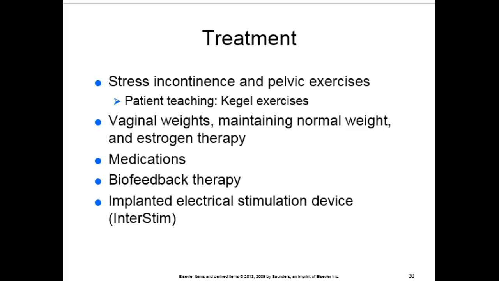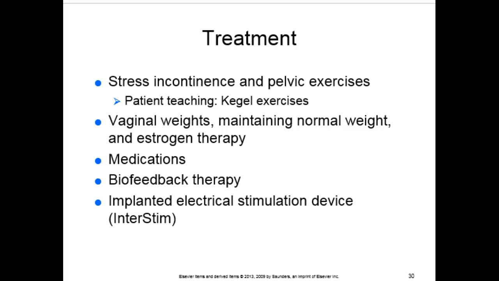The lightest cone, which has a string attached, is inserted into the vagina and held in place by muscle tightening for 15 minutes twice a day. When there's no problem holding this cone in place, then the next heaviest cone is used, and this continues until the heaviest cone can be held in place for 15 minutes.